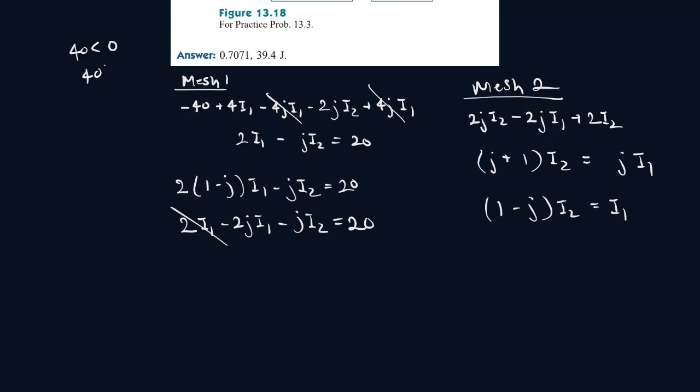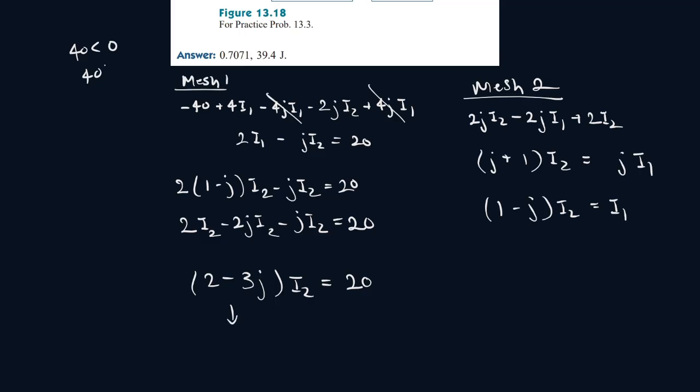Oh wait, these two, wait, no, never mind, these do not cancel each other out. Wait, what am I, hold on, sorry, this should have been I2. This is I2, this is I2 as well. My apologies. So this becomes, no, sorry, 2 minus 3J I2. So we just added these two up, equals 20.